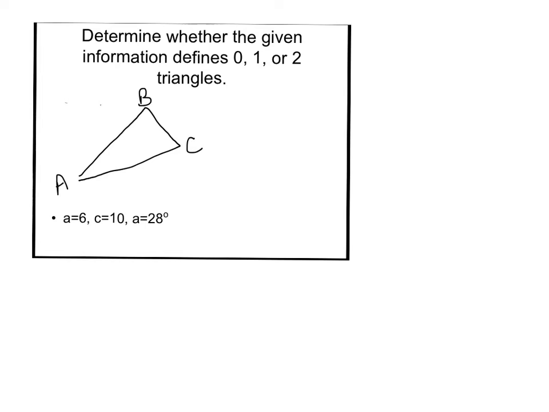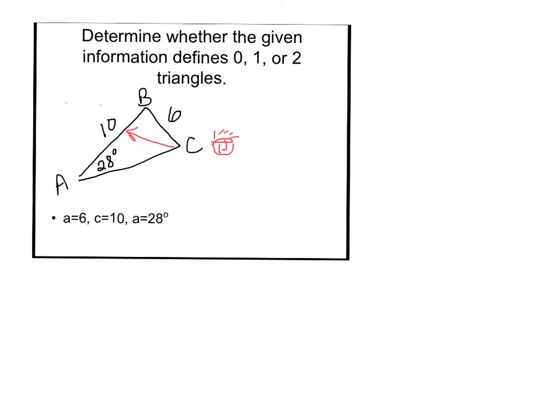So side A is opposite angle A, side C is opposite angle C, and angle A is 28 degrees. So when I'm looking at this angle, here's my eye, right? Lovely picture. The side opposite is side C, and I get 10.